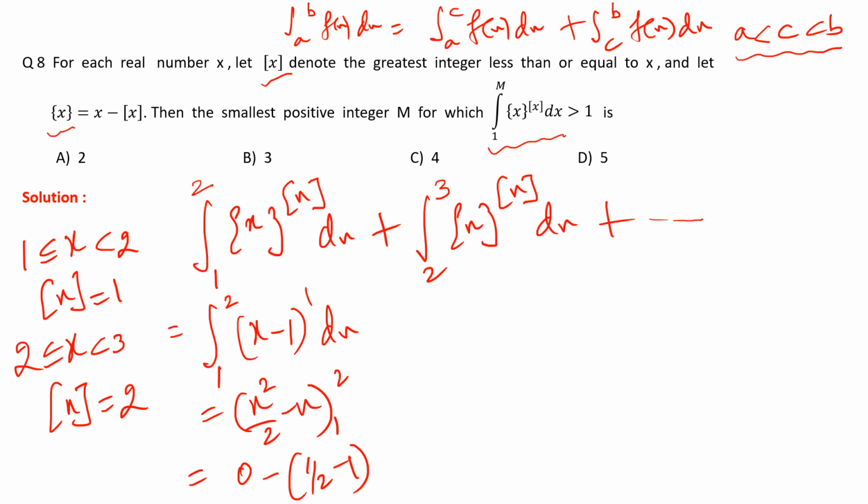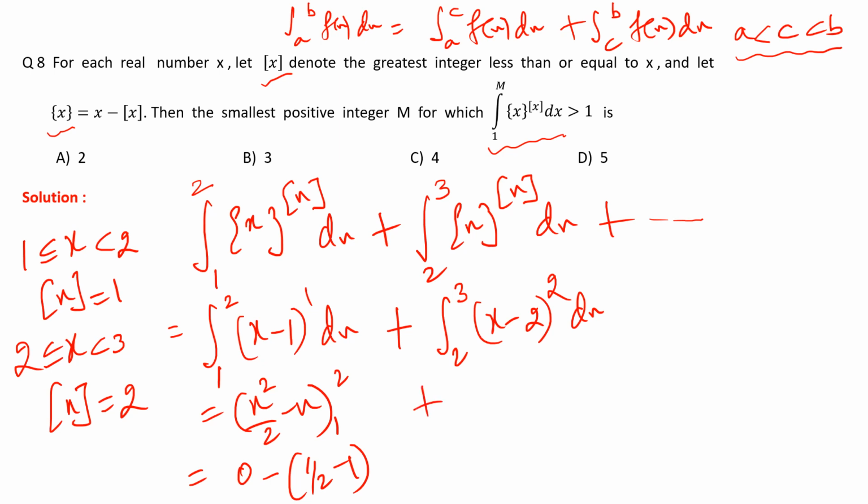That means we need to add a few more integrals. Let's calculate the second one. This comes as integral 2 to 3 of x minus 2, because this time the value of the GIF function x is going to be 2.